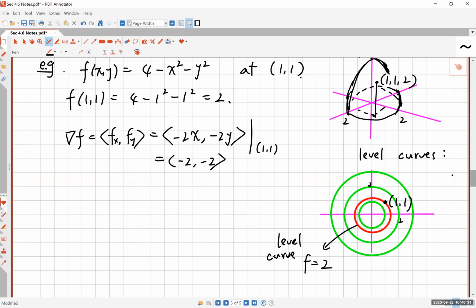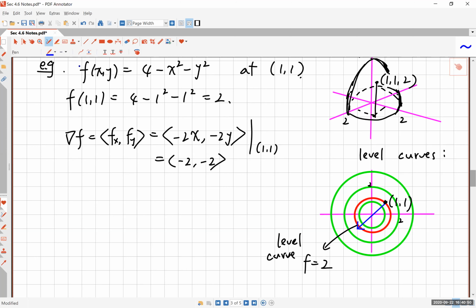All right, so what does it tell us? Well, can you tell what the gradient is doing? The gradient is negative 2, negative 2. So if I were to draw the gradient here, this is my gradient. It goes in the direction of negative 2, negative 2. The blue is what I just drew.